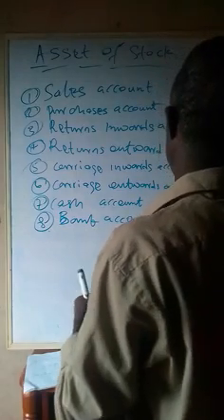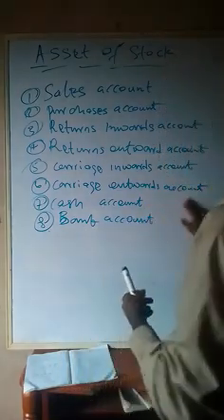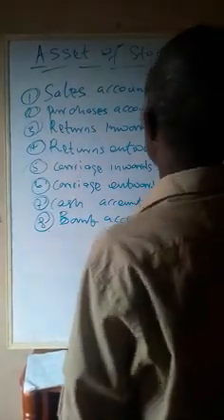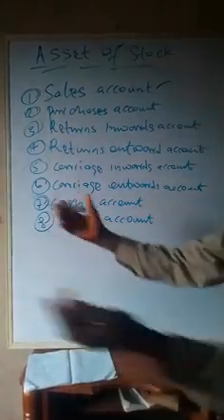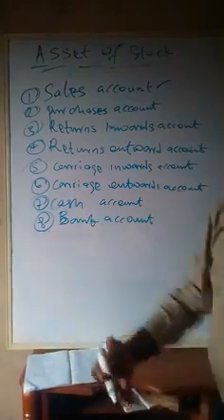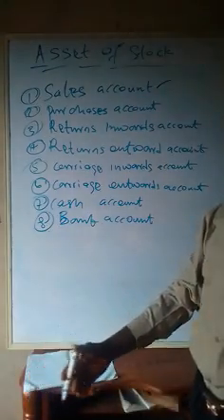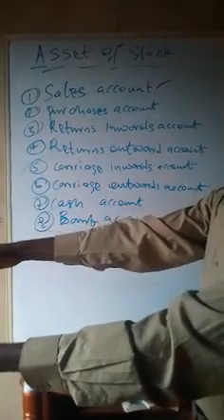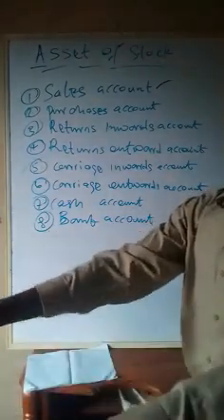Sorry, I wrote accounts twice. So these are the assets of stock. Look at sales account. Why is it asset of stock? Simply because what turns into sales is stock. It's either we produce it or we buy it and resell. That is what the business is dealing in. That's why I call it asset of stock.